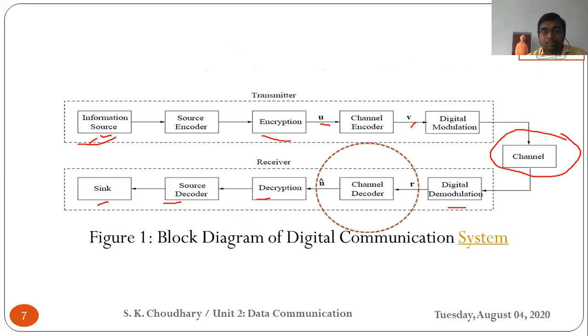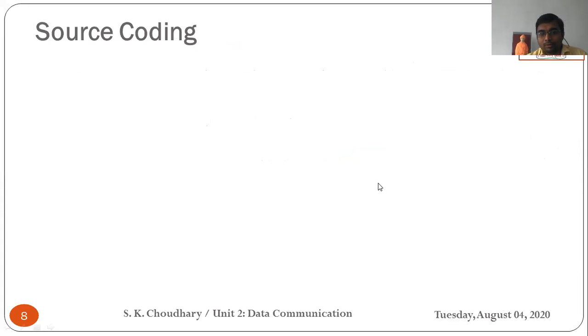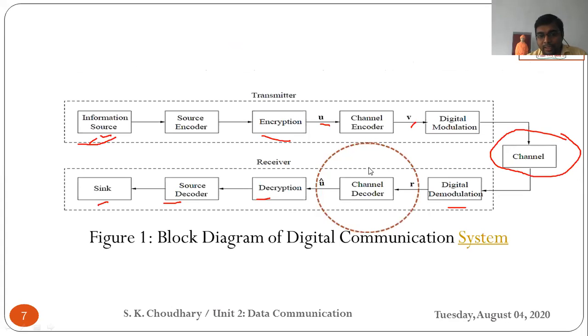If you look at the block, this is the channel decoder. You can see here that the sequence of information at the input of the channel encoder is referred to as U. The output of the channel encoder is V, and then when it is received it is R. It is a noisy sequence where some error is added.